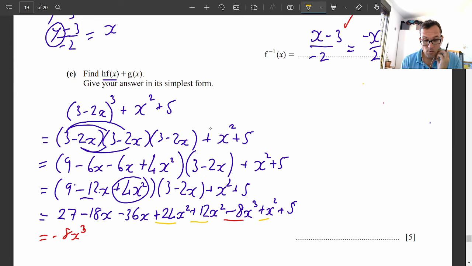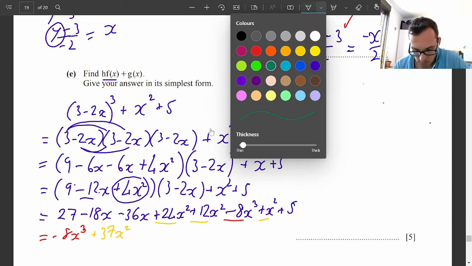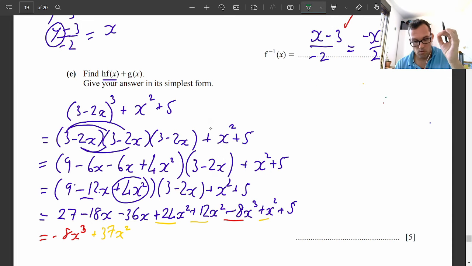So we can add them all together. 24 plus 12, 36 plus another one, 37x squared. Let's go for green. Now all the terms with an x. It seems there's only two of those. Minus 18, minus 36. Again, this is not two negatives making a positive. We're just moving down the number line. That would give minus 54x.